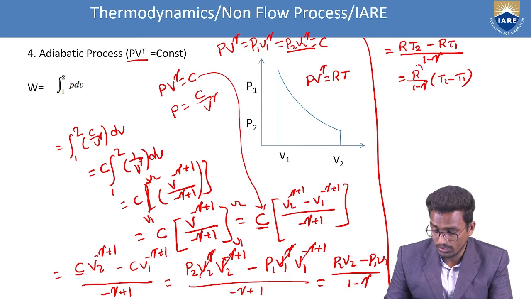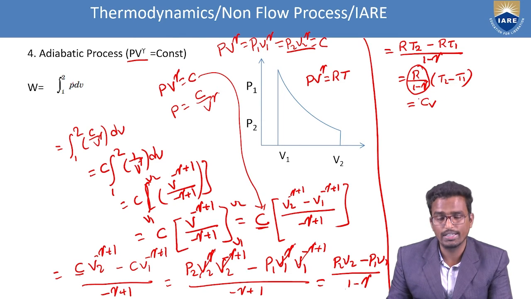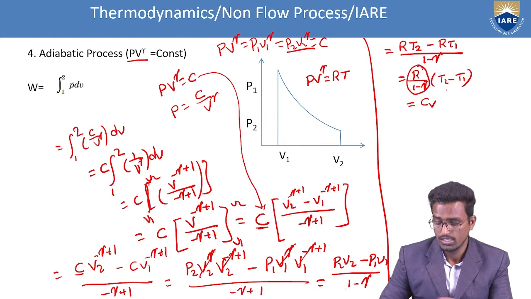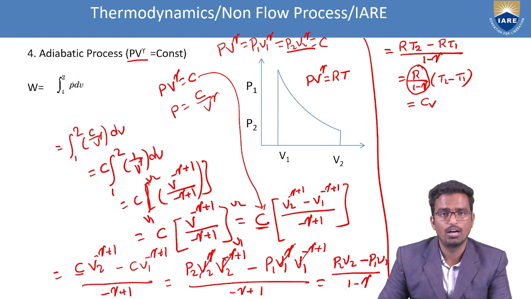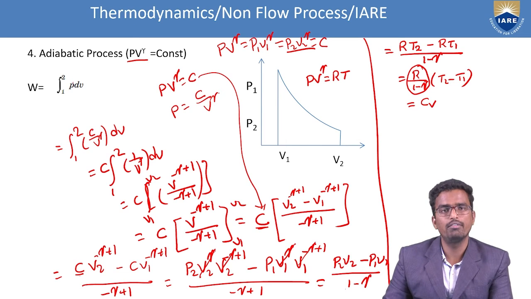The value R by 1 minus gamma you can also write in terms of CV, the specific heat constant value. Previously we discussed CV: R by 1 minus gamma is equal to CV. When we go to the next topic, we'll discuss how we get this R and 1 minus gamma.